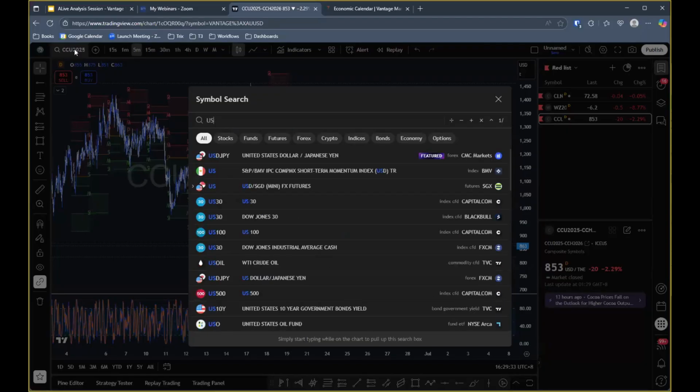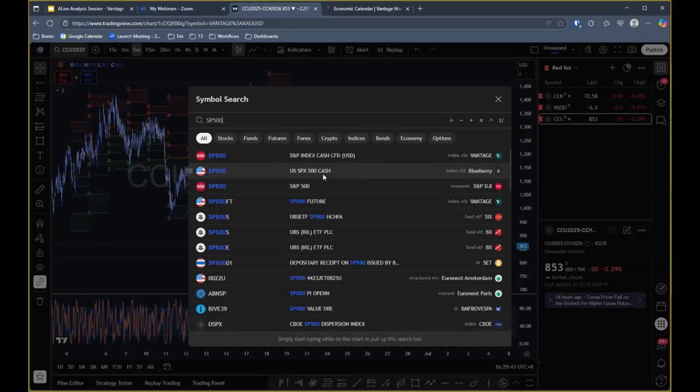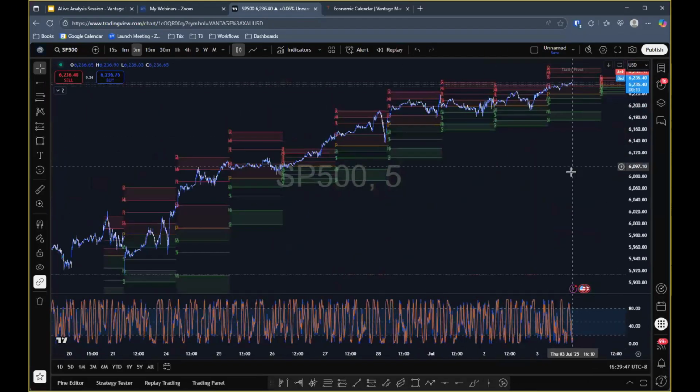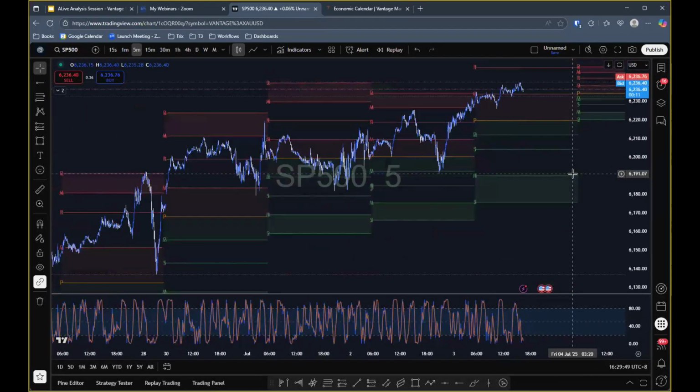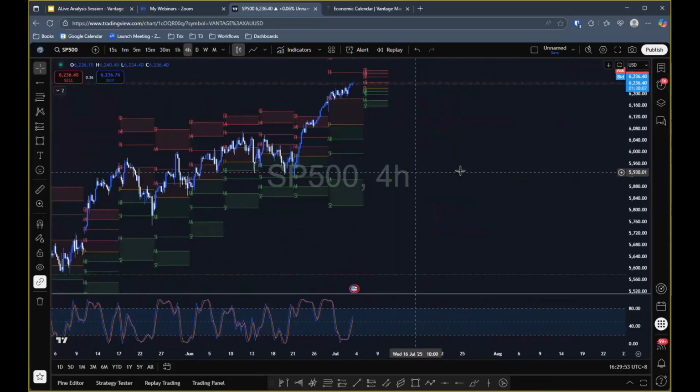All right, let's look at indices. USD 500. Okay, this will be your S&P 500. Oh, there's no Vantage for this S&P 500. All right. So same thing, you're going to look at the cadence. Okay, where was the last low?